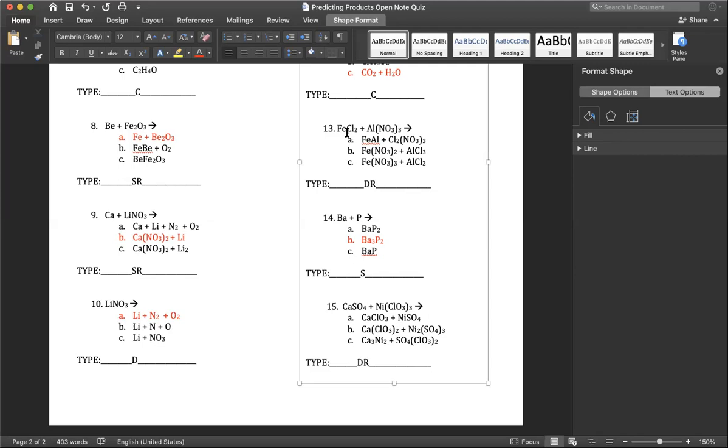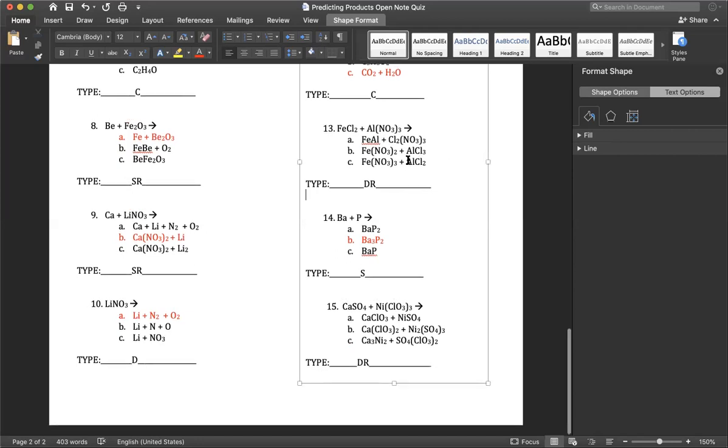When I look at this, what's the metal in this compound? Iron, Fe. And in this one? Aluminum. Which two elements are switching spots? Fe and aluminum. Which answer does not show them switching spots? A. It shows them going together, which is totally different.